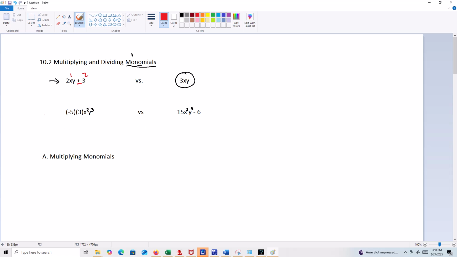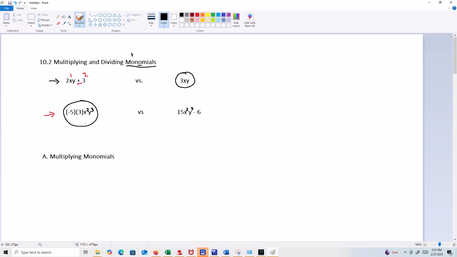All right, here, -5 times 3 times x squared times y cubed versus 15x squared times y cubed minus 6. Which is the monomial? The monomial is the one on the left.